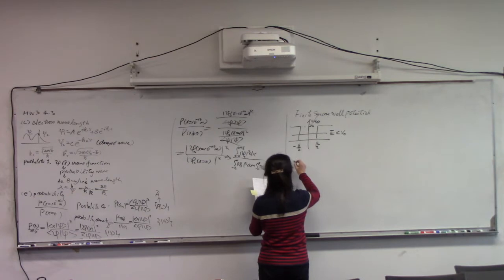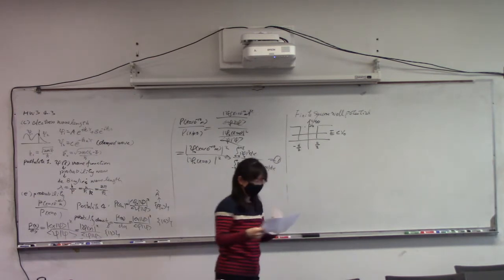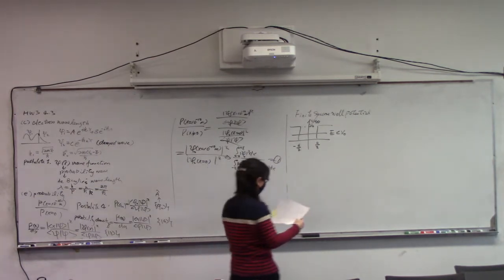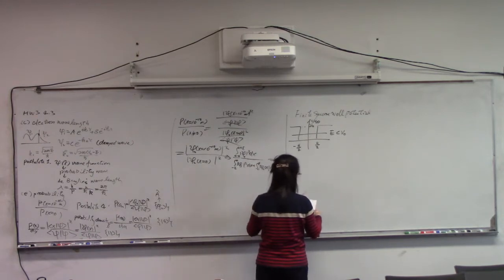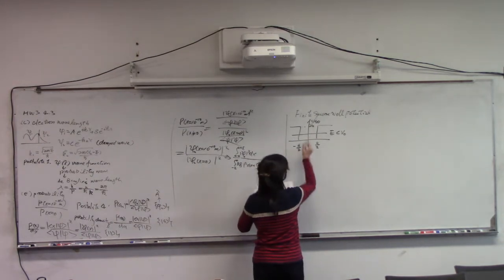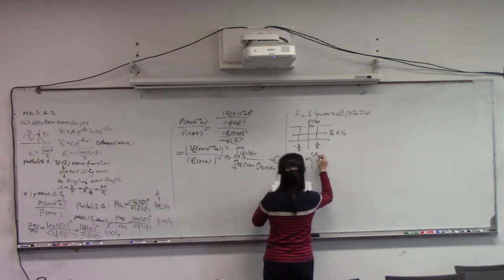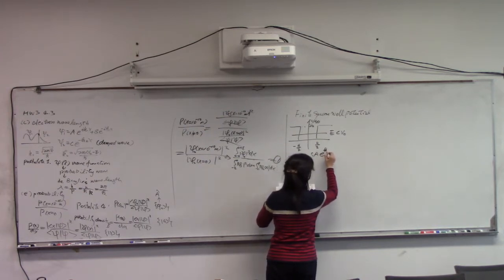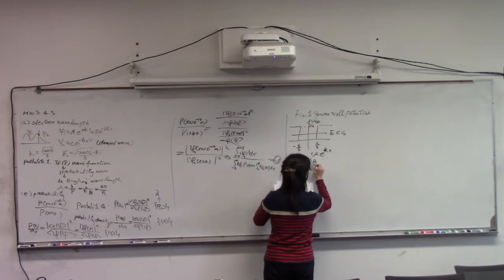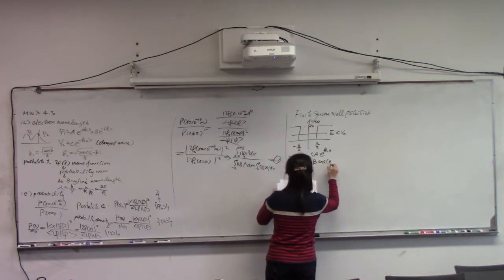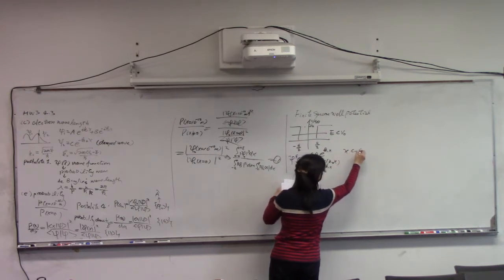So let me first give this. We have the wave function with a parity, right? Because the potential is symmetric, we have two types of wave function. The symmetric function is A exponential of K1 x, and B cosine K2 x, and B exponential of minus K1 x, for x smaller than negative half a.